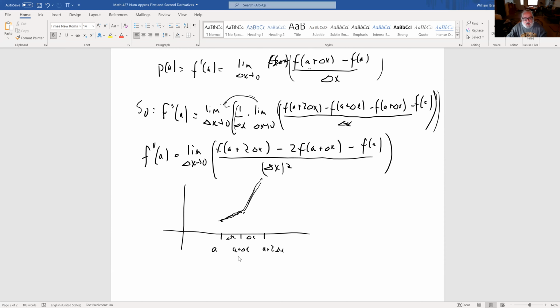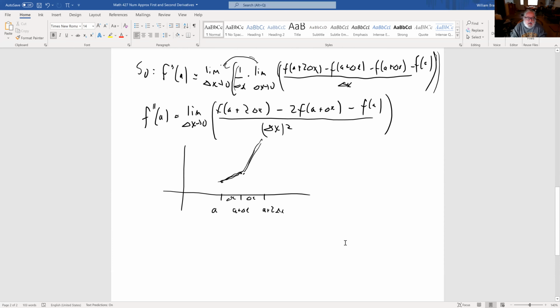So anyway, what we want to be able to do is actually write this so that we're looking at a plus delta x as being the center rather than a.